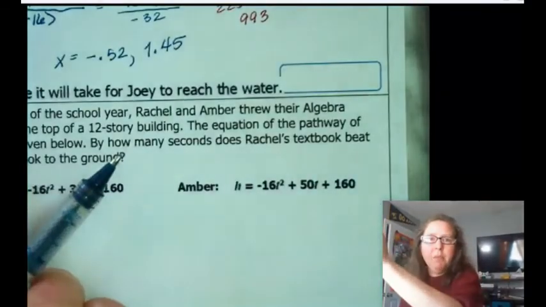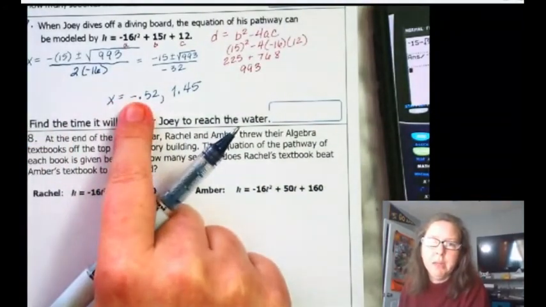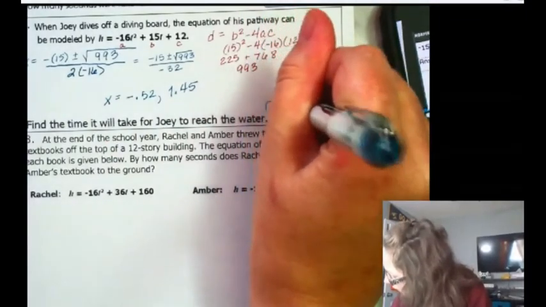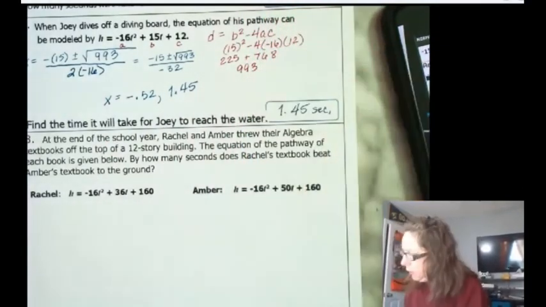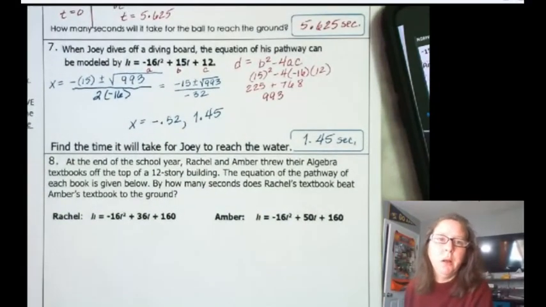Find the time that it will take for Joey to reach the water. Well, time can't be negative, so it's got to be 1.45 seconds. So that's how we solve one of these, finding the zeros using the quadratic formula.